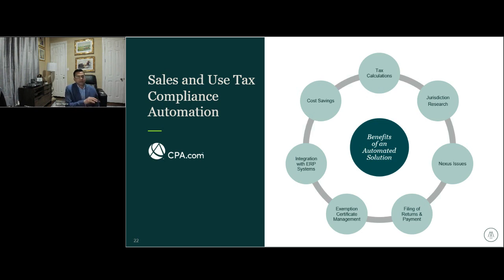I've seen a lot of clients just subscribe to the rate table from some of the providers, and that's okay, as long as you are not filing into hundreds of jurisdictions. If you're selling into hundreds of jurisdictions and you have complex products like SaaS or construction, you definitely need an automation tool. Otherwise, you have a lot of room for error.